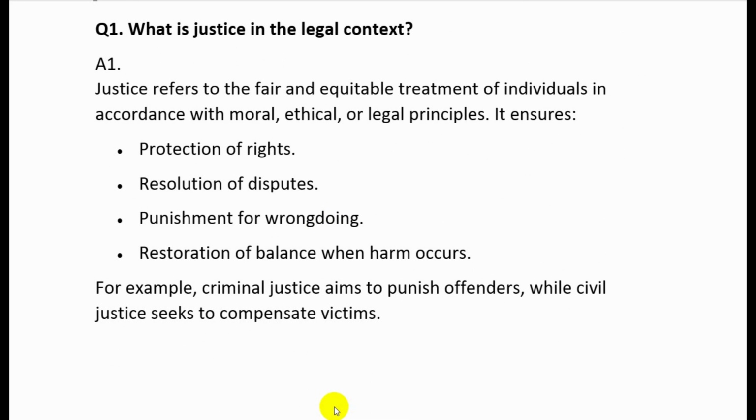Justice refers to the fair and equitable treatment of individuals in accordance with moral, ethical, or legal principles. It ensures protection of rights, resolution of disputes, punishment for wrongdoing, and restoration of balance when harm occurs. For example, criminal justice aims to punish offenders while civil justice seeks to compensate victims.